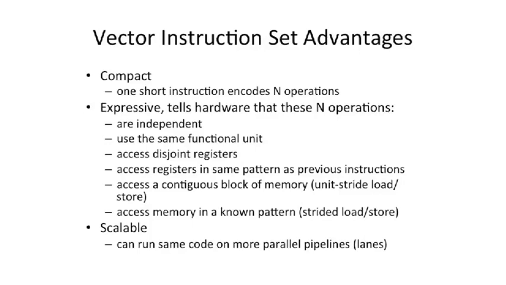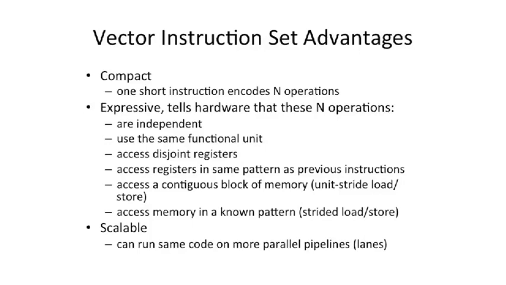So for instance, each of the different operations are independent. This allows us to stripe the registers. It allows us to know that we don't need to bypass. It allows us to sort of access all these registers in a striped manner in a disjoint way.